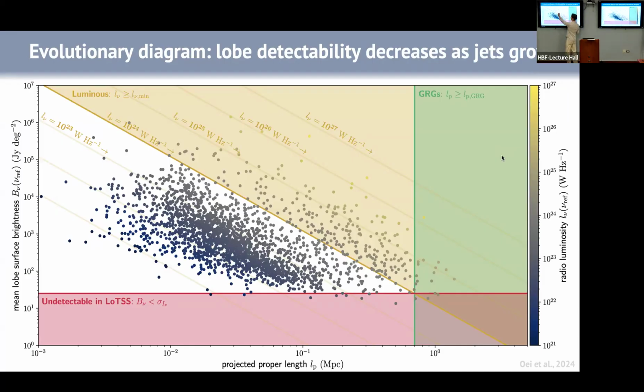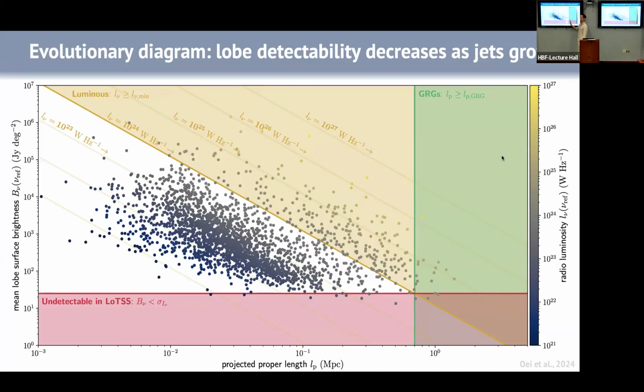Every single dot indicates a jet system, and as time progresses, they move along an orange curve of constant radio luminosity to the bottom right of this plot. That means that over time, they roughly maintain the same radio luminosity, but they grow in length. It also means that the surface brightness of the lobes goes down.